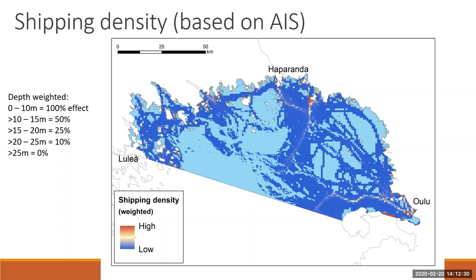This data is based on AIS, which is a tracking system that large ships have. And we also weight this one with depth. And by the way, I don't think I mentioned it, but basically every human activity data set we have is gathered from open sources.